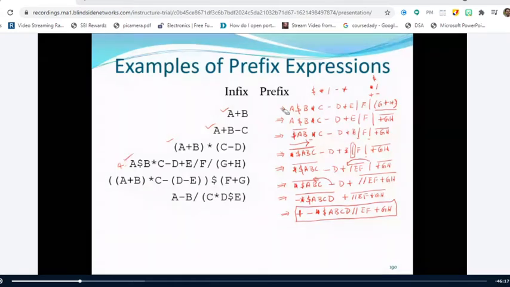So we will solve the next problem, that is the fifth one. Give me some time.